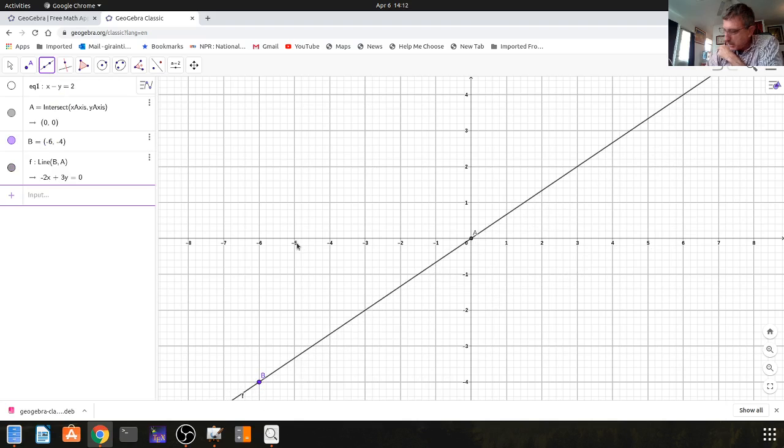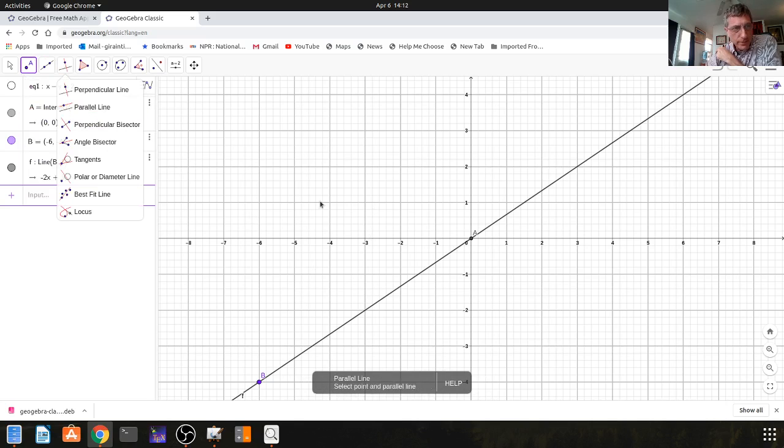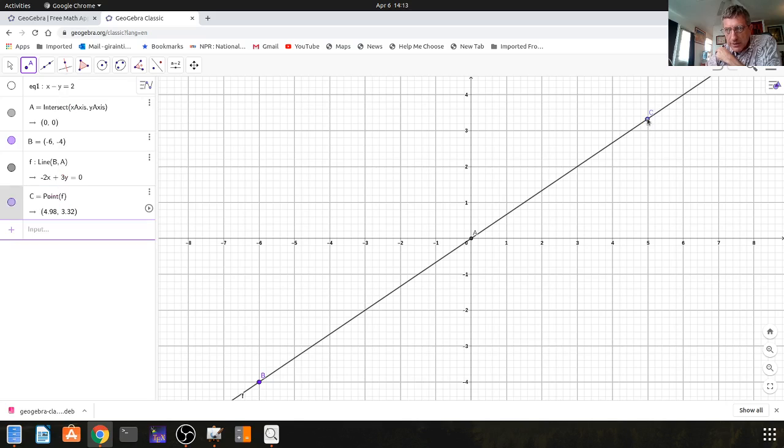And now let's check my last point. My last point says x is equal to 5, and y is equal to 10 thirds. So that's 3 and 1/3. So let's find my 5, and let's go up to 3. There's 1, 2, 3, and indeed right there it is.